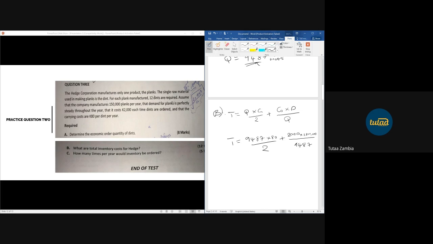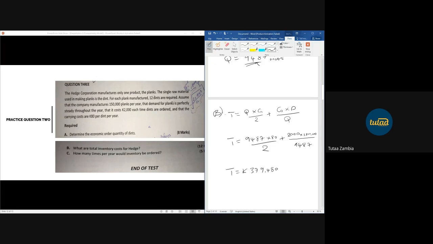So let's find our total cost. 9,487 times 80 gives us 758,960. Divided by 2, we get 379,480.